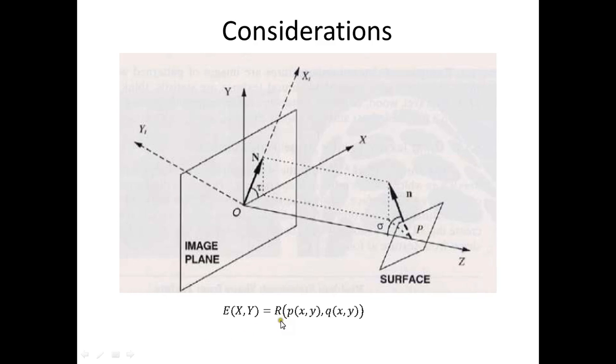R is the function of P and Q, and it is the radiance function. P and Q are themselves the partial derivatives of the surface of the object in the directions X and Y respectively. So this image irradiance equation gives us the information which is very much essential for the construction of the three-dimensional shape from the two-dimensional shading images.